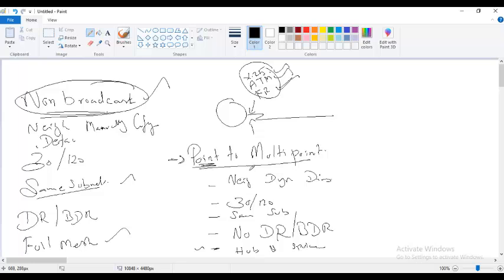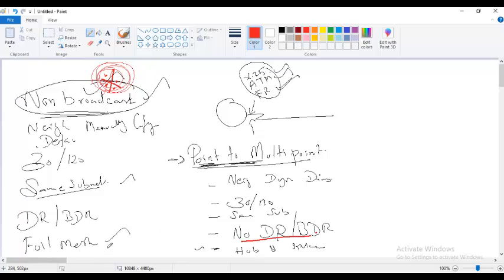You can have full mesh or hub and spoke. The non-broadcast type is recommended only for full mesh because there is DR-BDR. Since there is no DR-BDR here, it can fit in any network design.